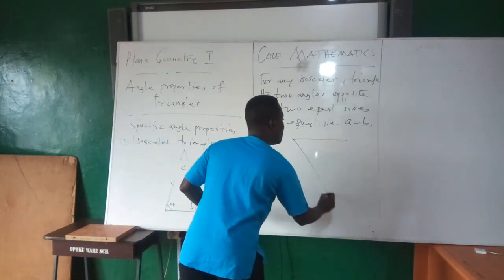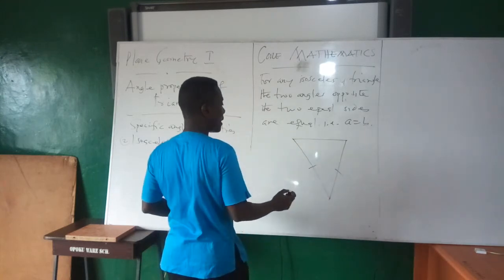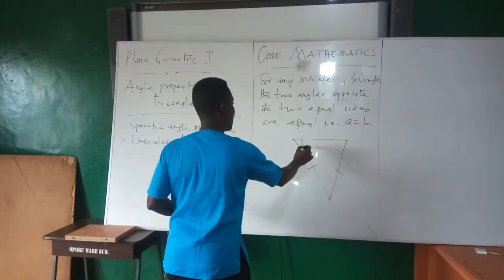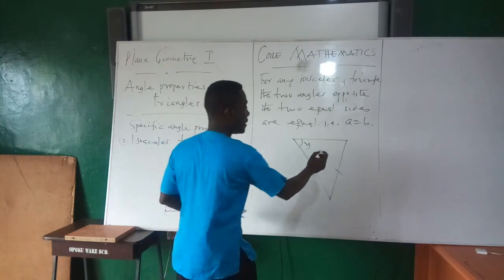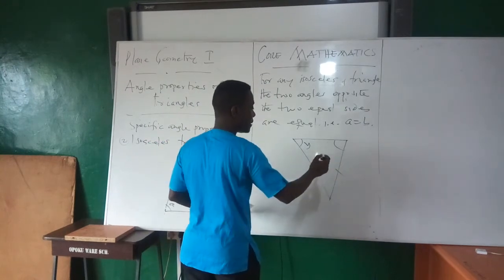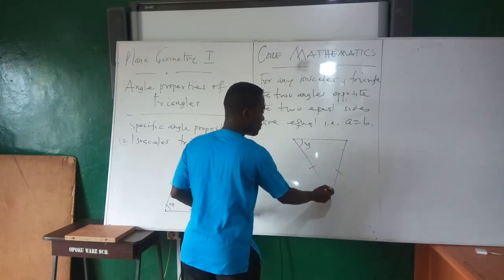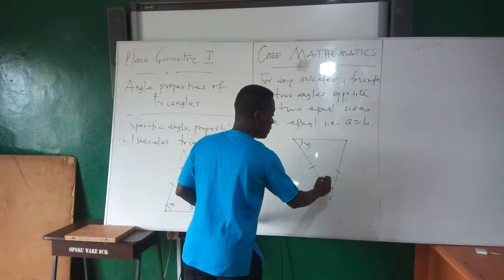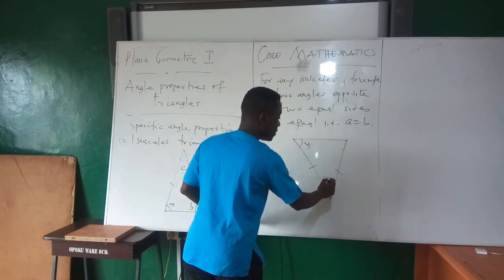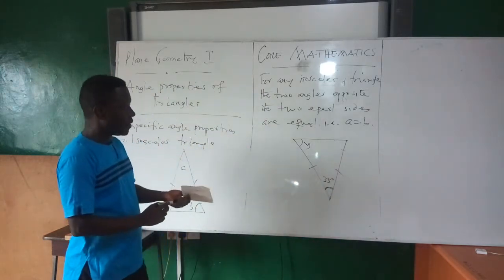Now, if I have this, and I'm saying that this side and this side are equal, and this angle is y, and this side is a, and this angle is 35, for example, degrees, right?